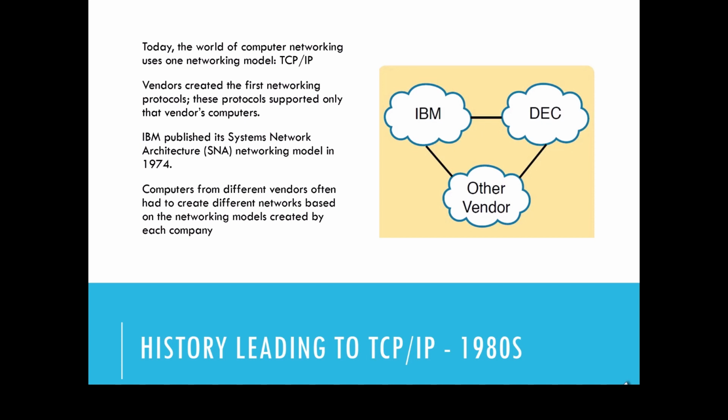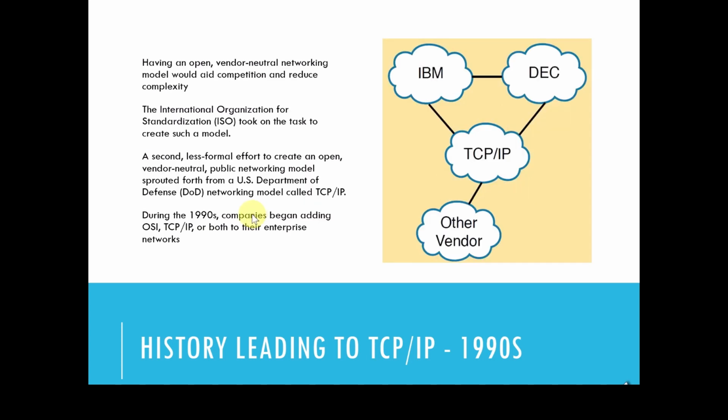So we need to come up with different models because, remember, year by year, different vendors started to produce different models. So we had to come up with a new one. Having an open, vendor-neutral networking model would aid competition and reduce complexity.